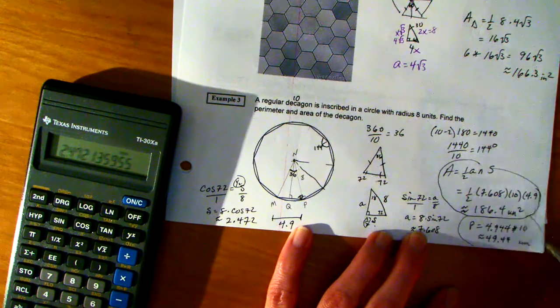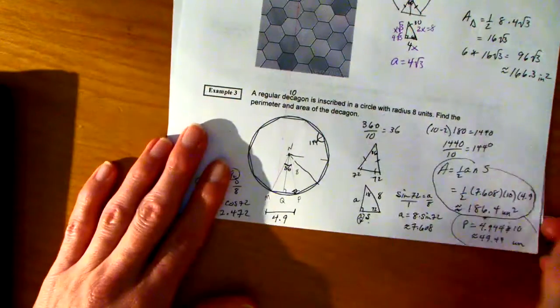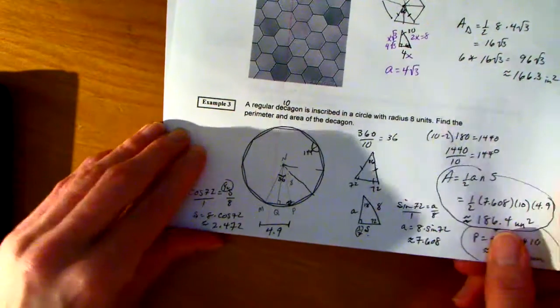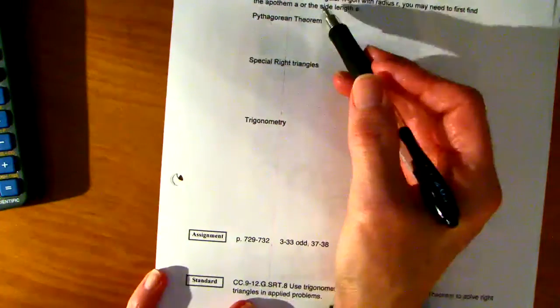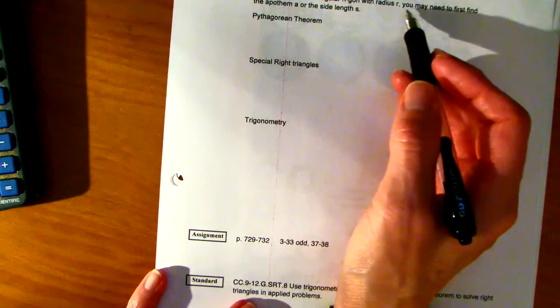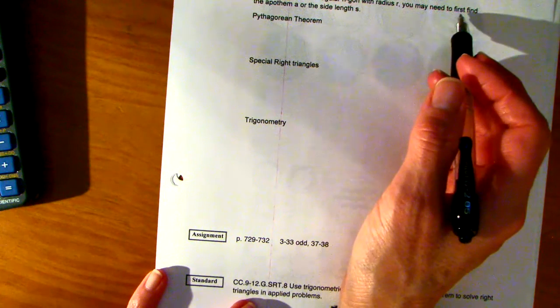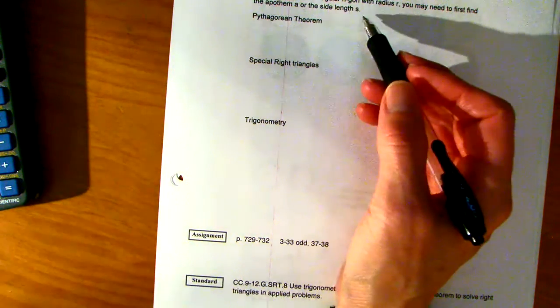So, area and perimeter. Last page. Sorry about that, I wish I left more space. It's just some definition stuff, to give you hints of what you could be using. To find the area of a regular n-gon with a radius r, you may need to first find an apothem or a side length.